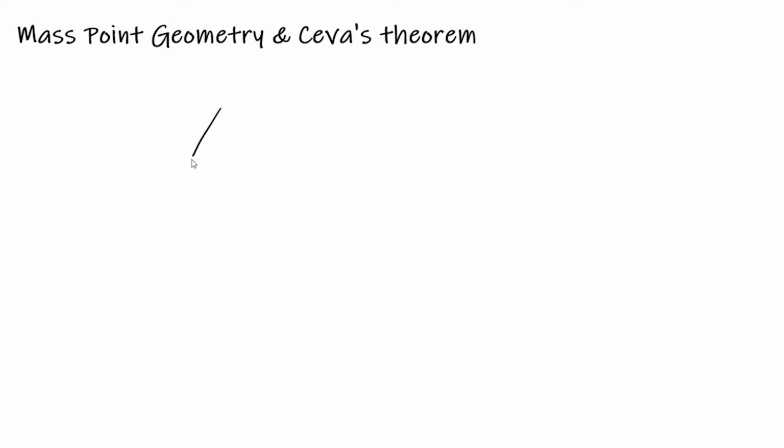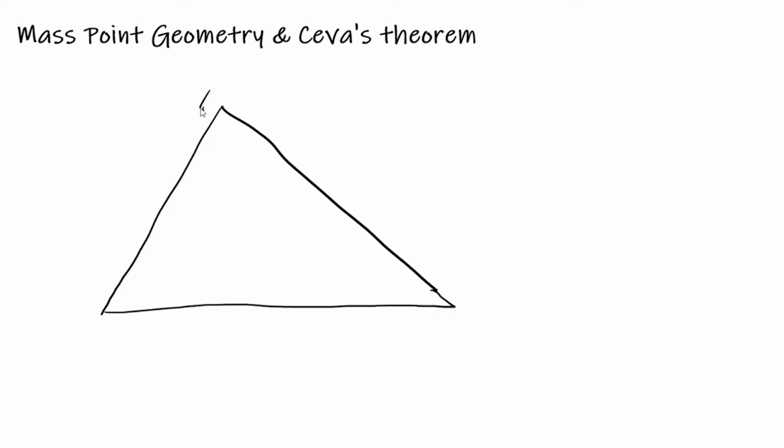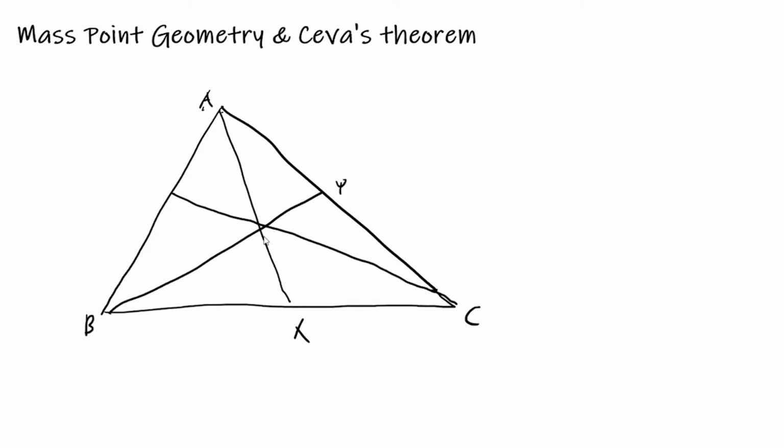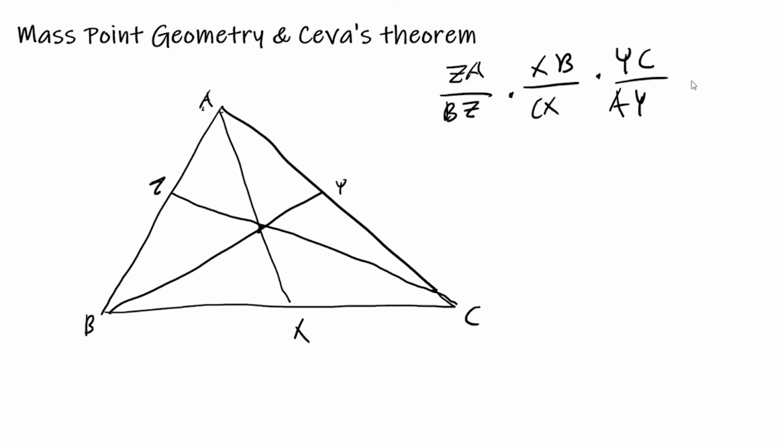It states that if you have some triangle ABC and you have some concurrent Cevians AX, BY, and CZ concurrent there, then Ceva's theorem tells us that ZA over BZ times XB over CX times YC over AY is equal to 1.